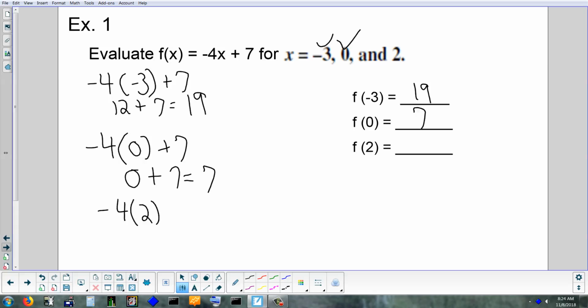Okay. Yeah? So I did negative 4, my x was 2, plus 7. All right, so negative 4 times 2. What do I get? Negative 8.